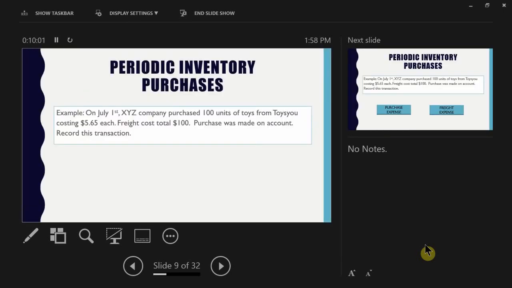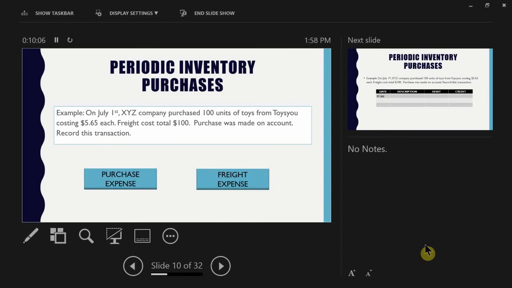Okay, so once again, periodic inventory. When we make purchases, we're going to be utilizing only two key accounts: purchase expense and freight expense. Purchase expense is going to be the actual purchase price that you purchased the items at.